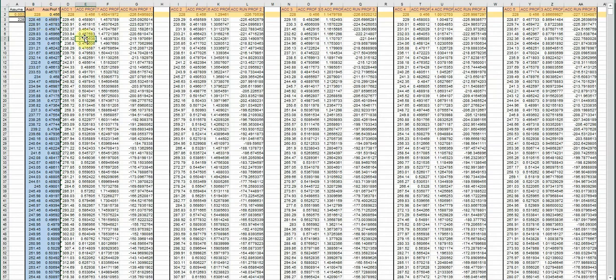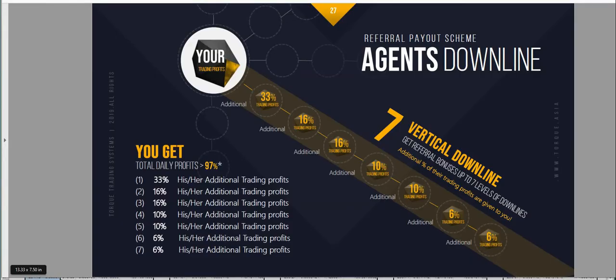Okay, that's already established. So if you look at this value here, that is taking this value here, which is the 7 account profit. Okay, which is obviously what I just mentioned in the spreadsheet, in the business plan, which is this. It's taking into account the 33%, the 16%, etc., etc.